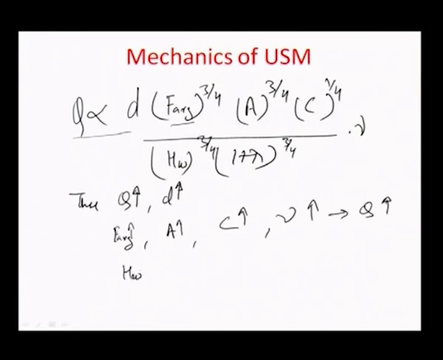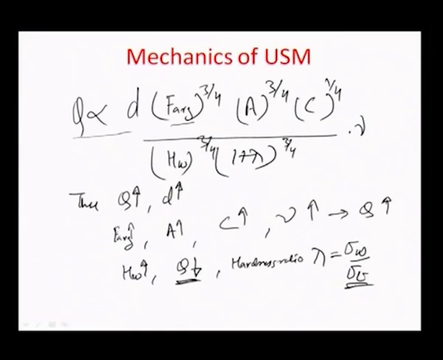If the hardness of the workpiece is more, then of course Q falls down, so Q is inversely proportional to it. And so is true about the hardness ratio, which, as you have earlier defined, is the relationship between the workpiece hardness or flow stress and the tool hardness or stress.